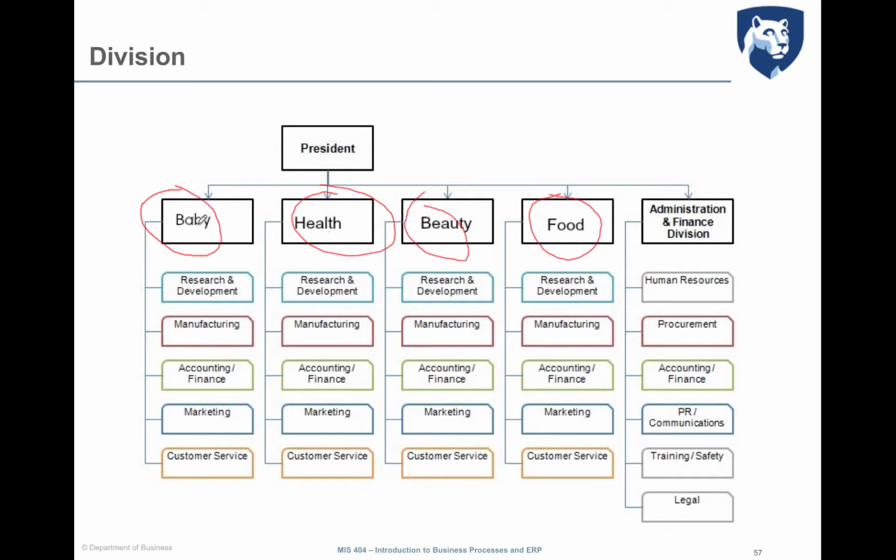So baby, health, beauty, and food are 4 divisions or business units of Procter & Gamble, and each division, each business unit will have its way to deliver product to the market. So its marketing and sales department will configure the marketing levers, so place, product, price, and promotion, according to the characteristics of the business unit it is referring to.